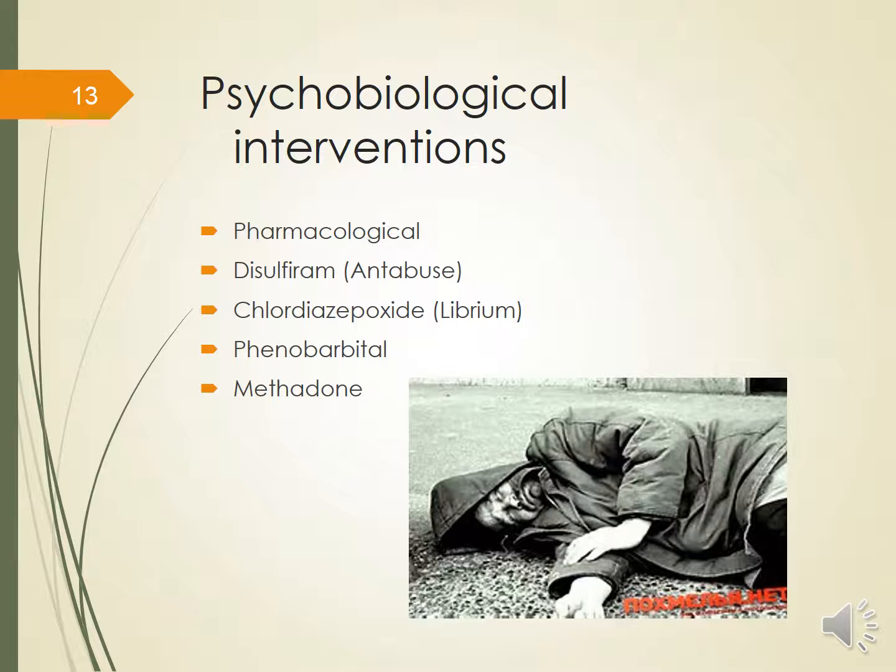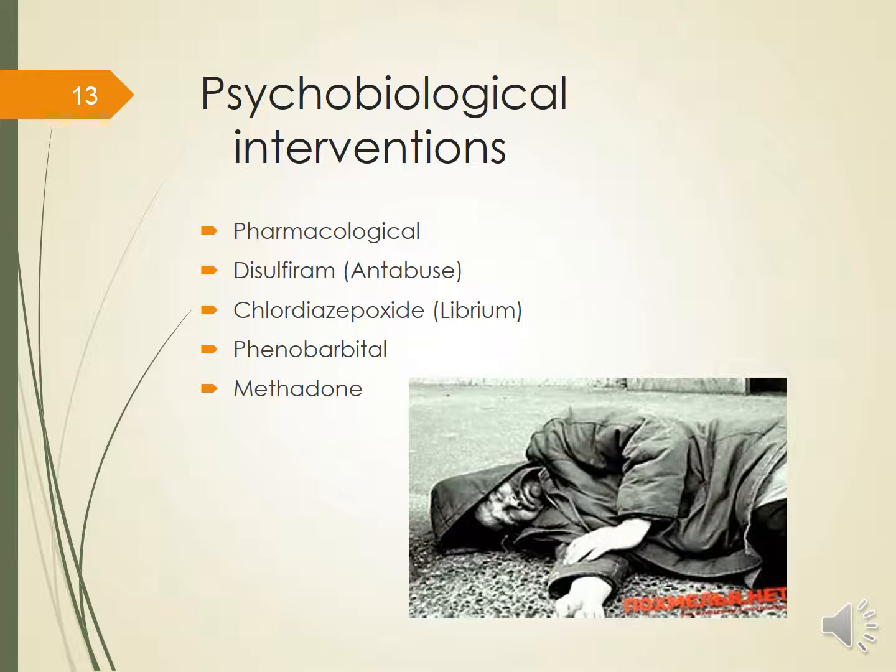Antabuse will make them very sick if they drink alcohol. So it's a deterrent. Librium and phenobarbital are used as protocols for withdrawal. This reduces the symptoms of withdrawal. It decreases the potential for the patient to begin seizing and just makes the whole withdrawal process easier for them to get through physically.